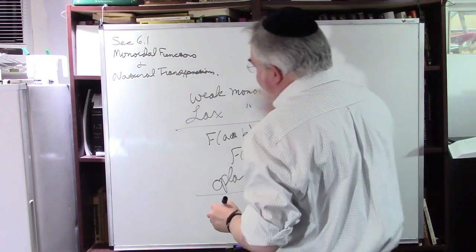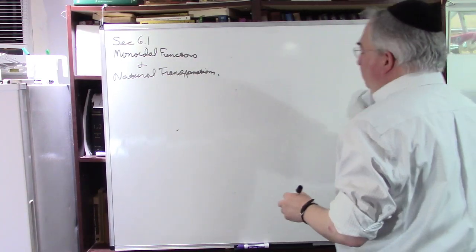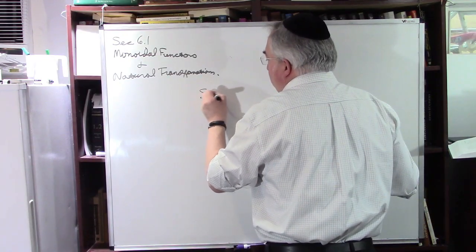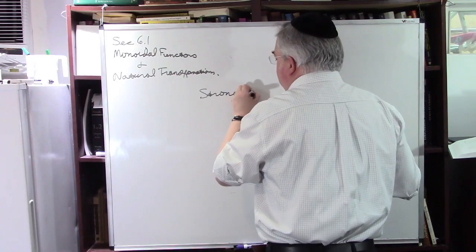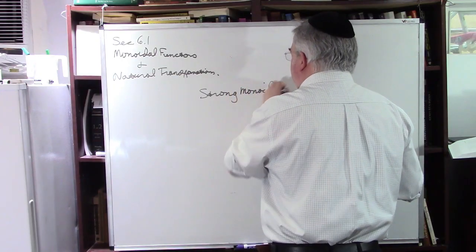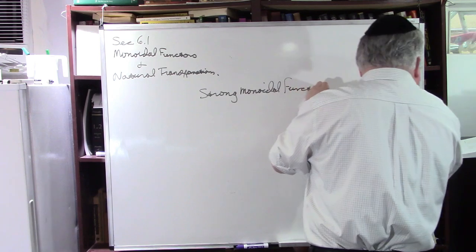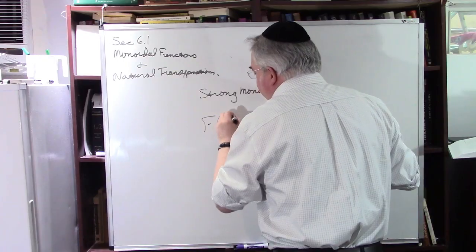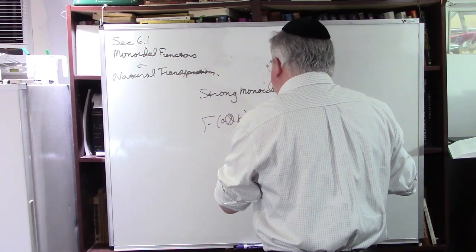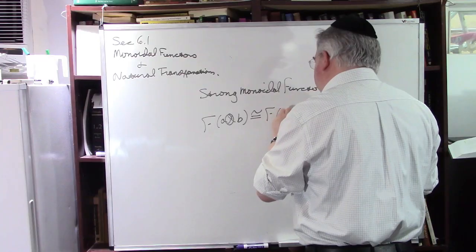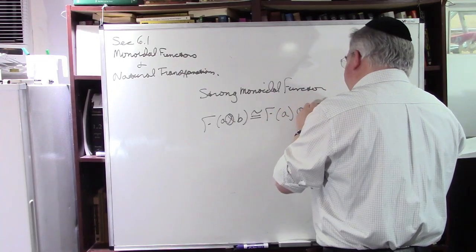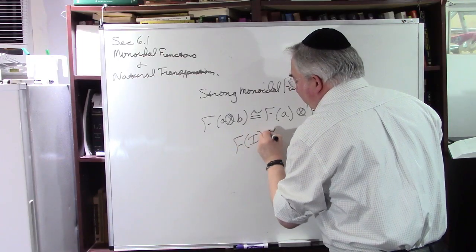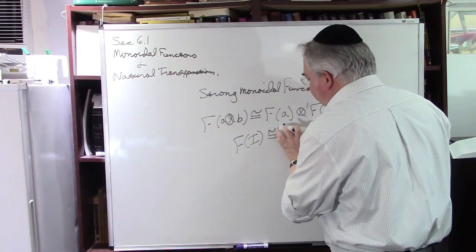Okay, then more. All these are just assuming the monoidal functor is a morphism. But we could also have a strong monoidal functor. That is where F of A tensor B is isomorphic to F of A tensor prime F of B, and F of I is isomorphic to I prime.